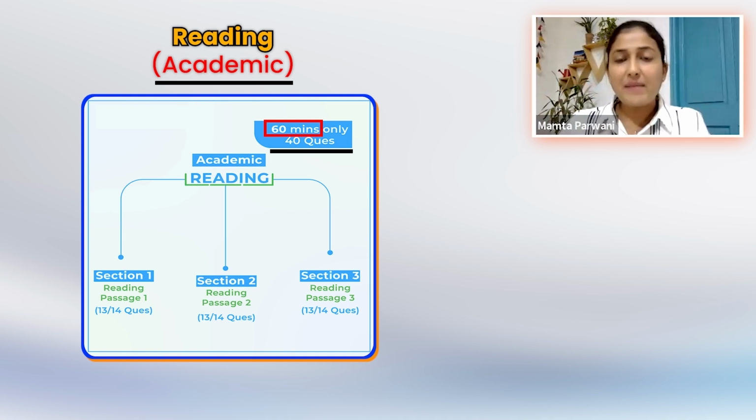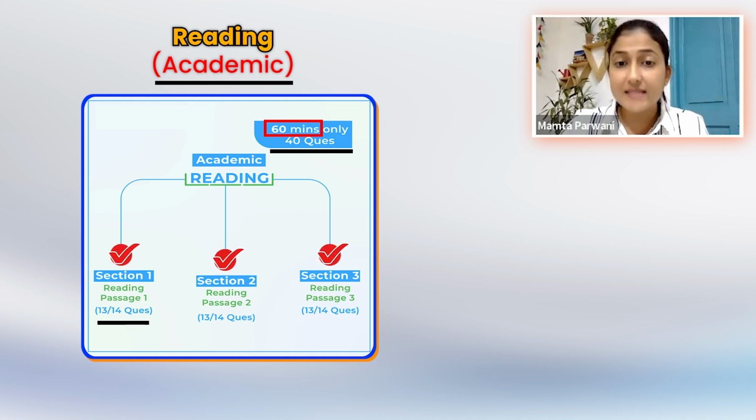Coming back to reading academic, there would be 3 sections. Just like listening has 4 parts, here we have 3 sections. In these 3 sections, each section has around 13 to 14 questions. We get only 60 minutes to solve 40 questions.